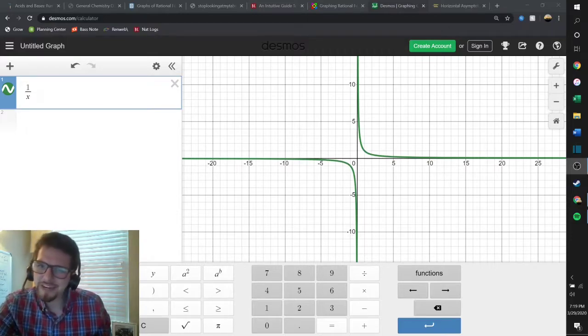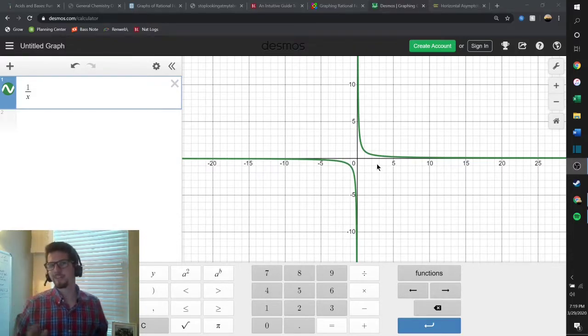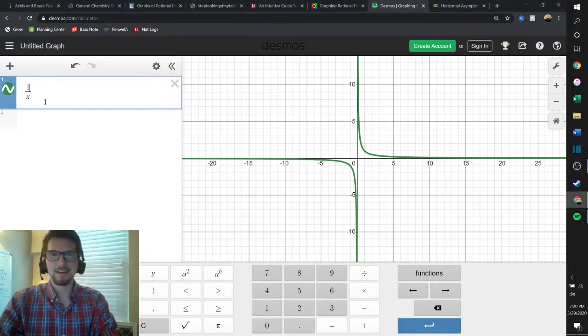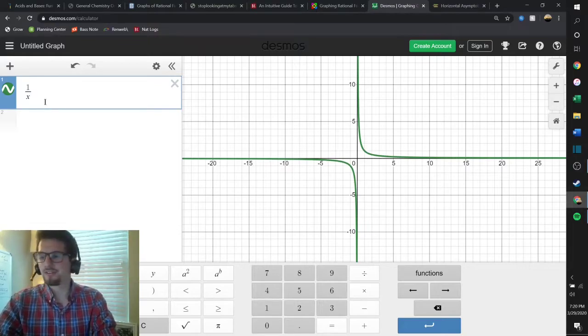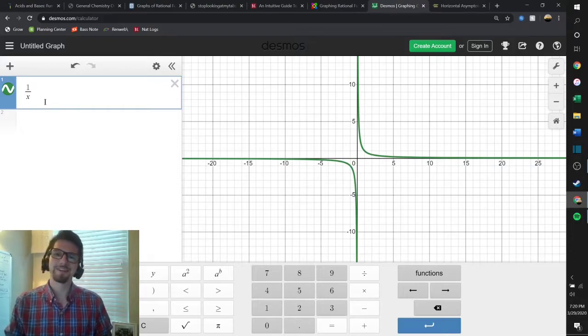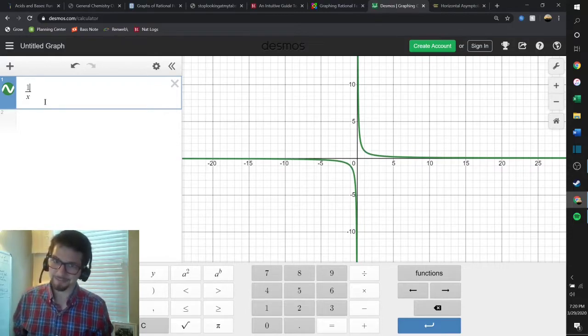But if you'll notice, they never touch the horizontal line either. So what's causing that asymptote? And the last thing I want you to be able to do, not to graph these, but to figure out what that horizontal asymptote will be. I'll show it to you graphically, and then I'll show it to you with math. So the way to find this is your horizontal asymptote is going to be when you have an x in the numerator and an x in the denominator.